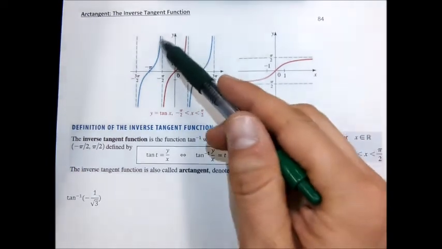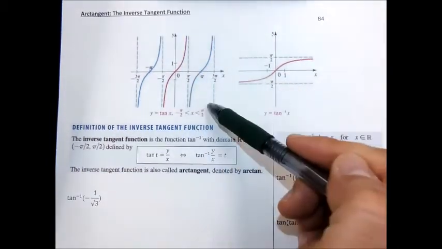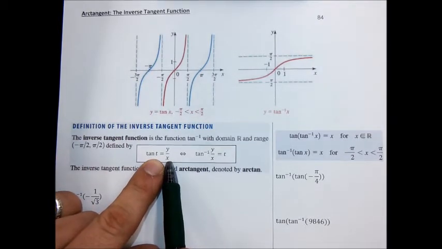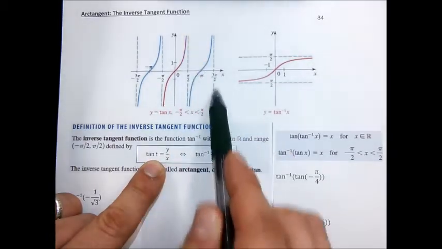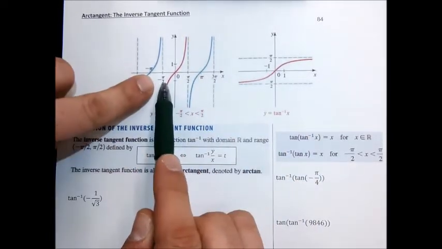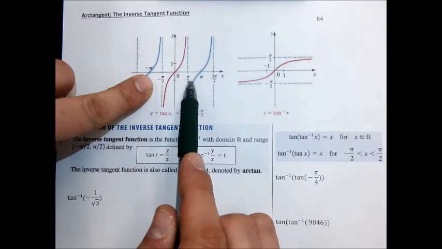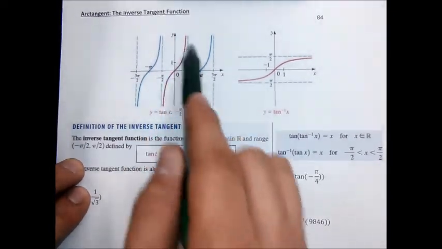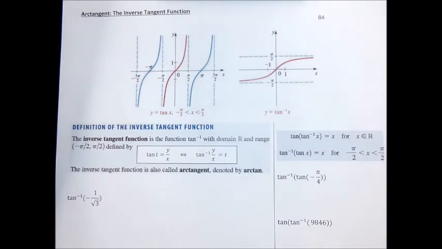Remember that you also get asymptotes for tangent because tangent has an x in the denominator. So anytime the x value is 0, we get a vertical asymptote at that point. The x values are 0 at minus pi over 2, pi over 2, 3 pi over 2. Those are all the places where the x value is 0, and so that's where we get those vertical asymptotes. Just trying to tie it back into the vertical asymptote section and things like that.